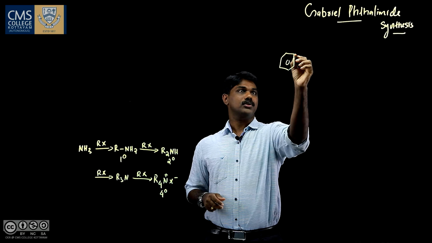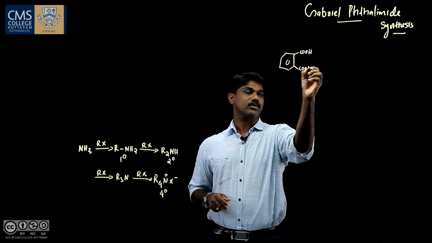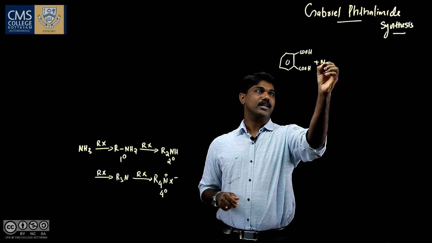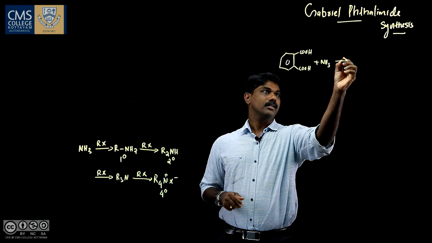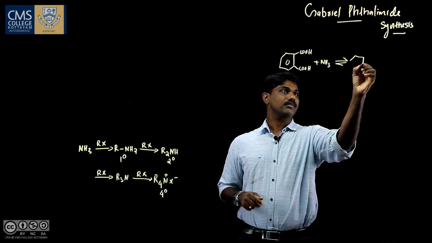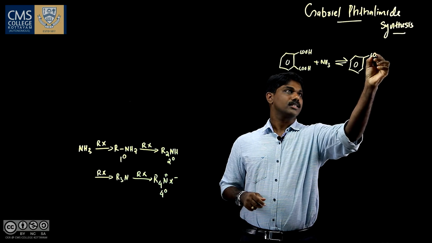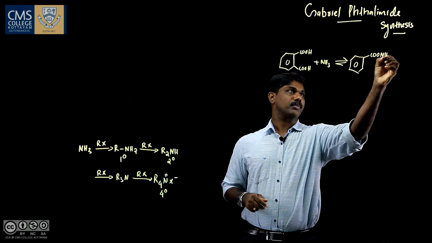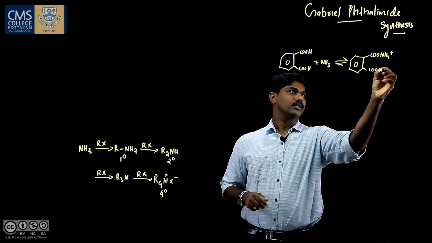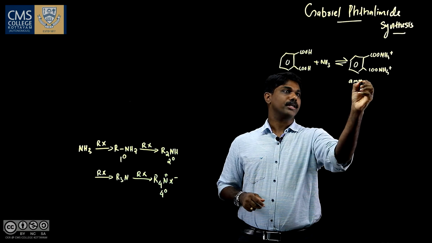He first took phthalic acid, an aromatic dicarboxylic acid, and treated it with ammonia. After treating ammonia with phthalic acid, we first get the ammonium salt of phthalic acid, COONH4 plus. This is ammonium phthalate.